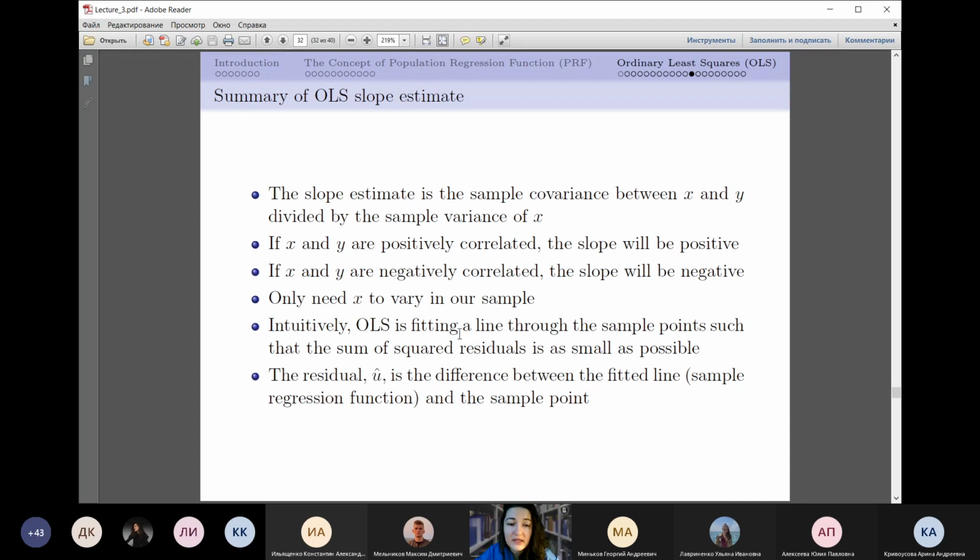And intuitively, the ordinary least squares method is fitting a line through the sample points such that the sum of the squared residuals will be as small as possible. And the residuals are just the differences between the fitted line and the sample points. And that's all.